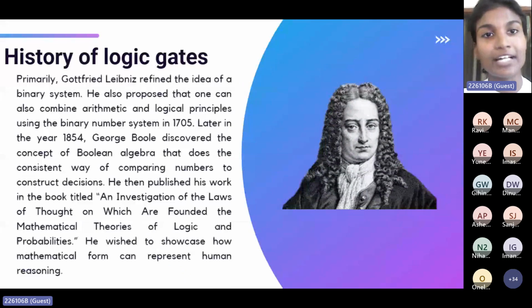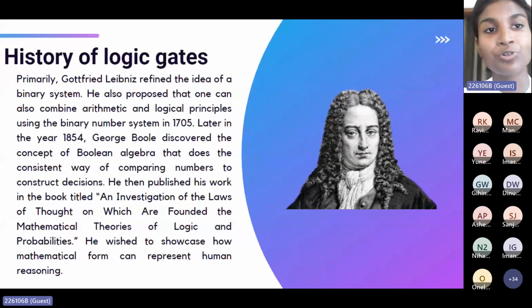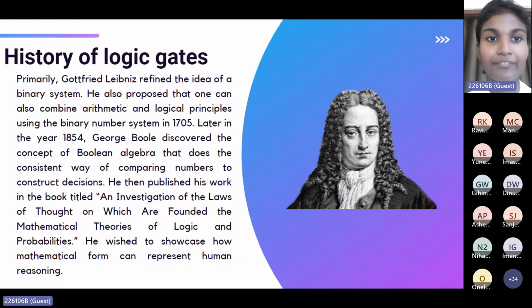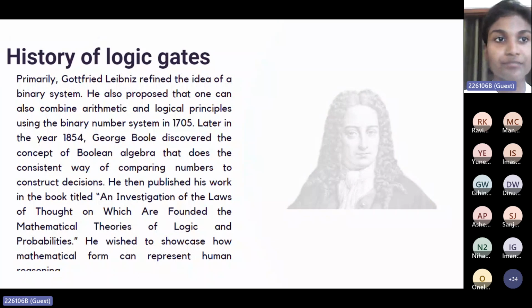Before we learn what these logic gates are, we should know about the history of these logic gates. The binary number system was refined by Gottfried Leibniz, and also in 1975 he proposed the concept of combined arithmetic and logical principles using the binary number system. Later in 1854, George Boole discovered the concept of Boolean algebra.